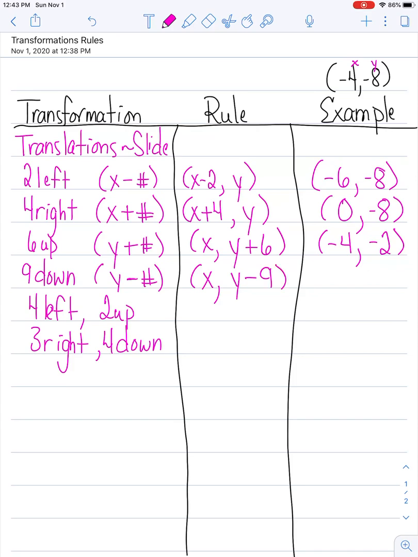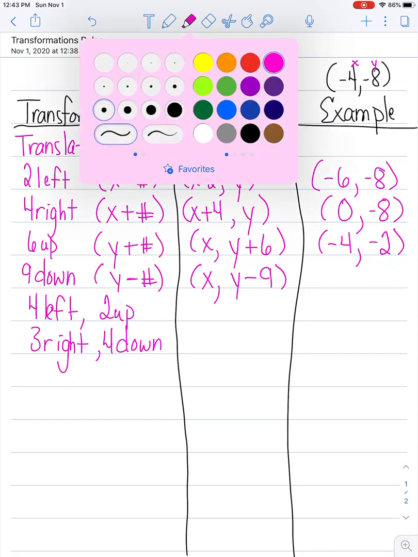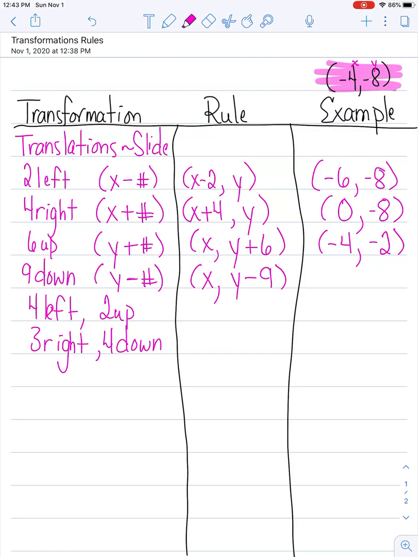Now let's apply that to our point that we're using to practice, -4, -8. So leave the first number alone. So -4 stays -4. -8 minus 9, type it in your calculator. -8 minus 9 is -17. So that's where that point would move if I go 9 down.